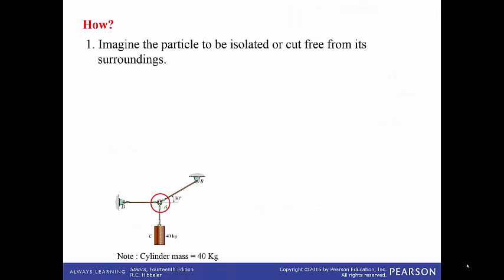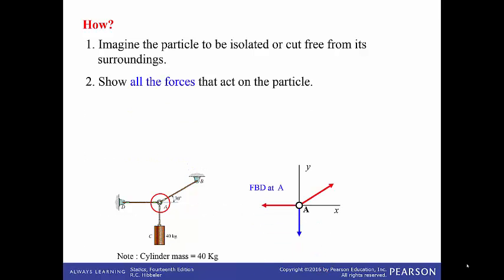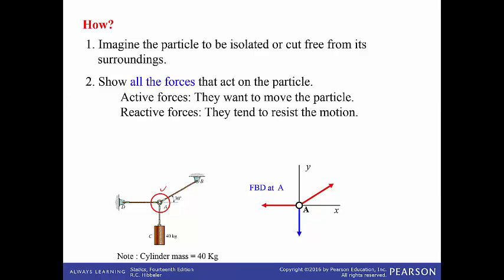Now, we have seen this cylinder before, and we have been drawing free body diagrams where we showed all the external forces that act on the particle. So if we had just this part here, we said, well, we'll isolate it and then have the cables, which are the external forces, and the weight, and that's my free body diagram.